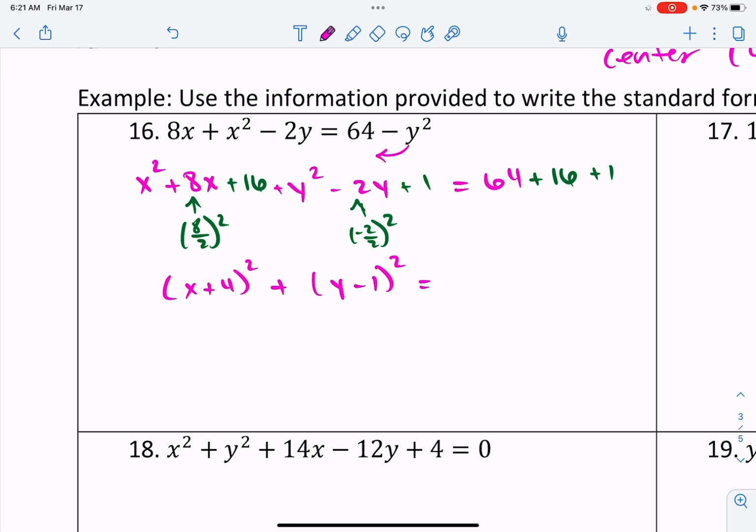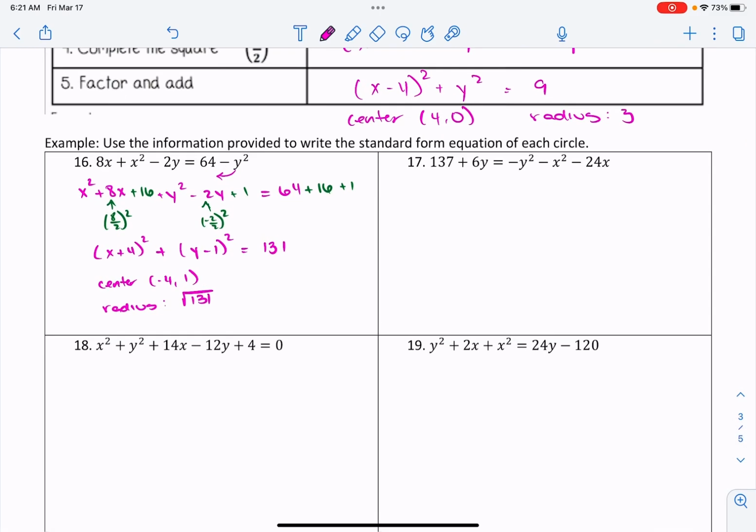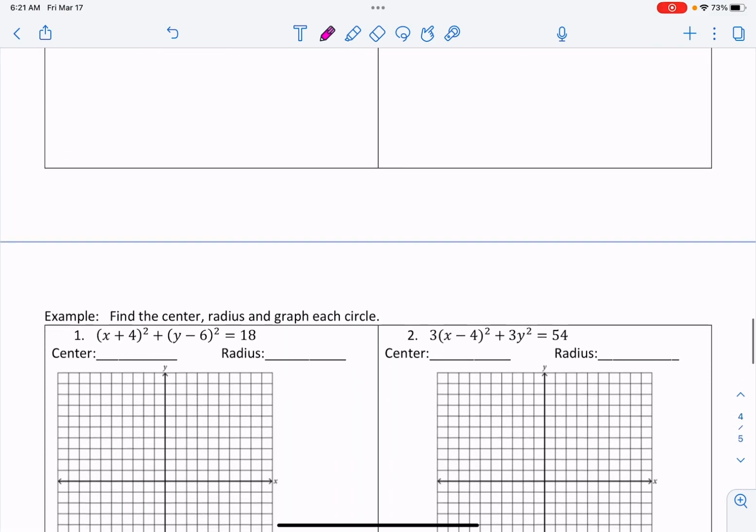And I'm going to end up with 64 plus 16 is 80, plus 1 is 81. So here the center is at negative 4, 1, and then the radius would be the square root of 81, which is 9. And that would be our answer there. I do want you to practice the other ones.